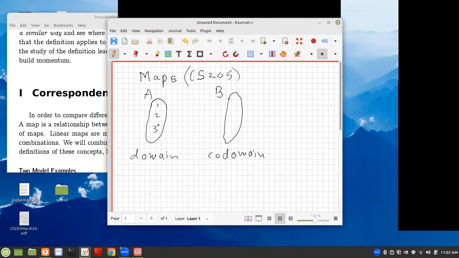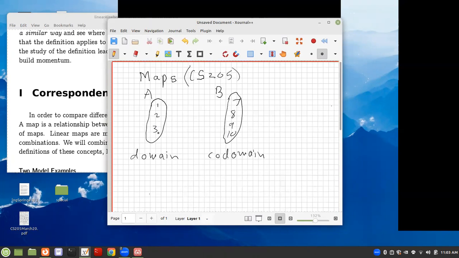It can be a set of any elements, and eventually we'll have vectors, but we just want to introduce the idea of maps in a simple context. So here's 2 sets. They don't have to be the same set. In fact, let me make them so they don't have any elements in common. There. So this one has 3 elements, this one has 10 elements.